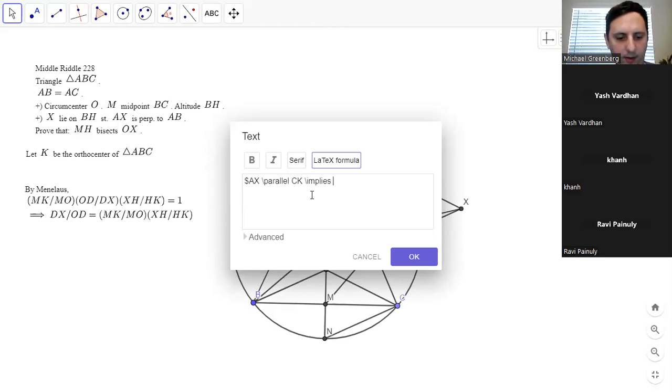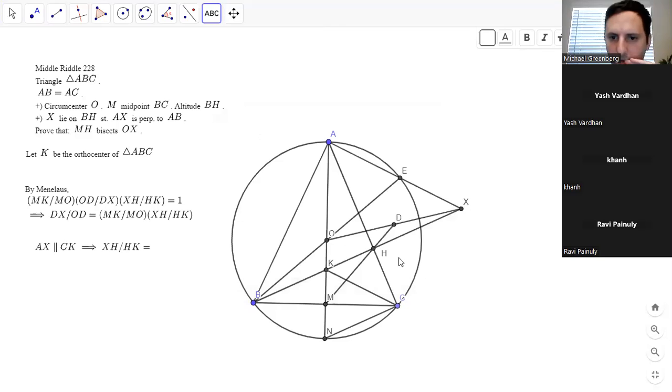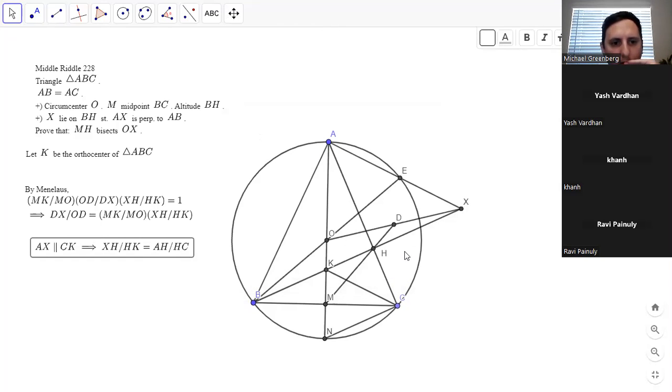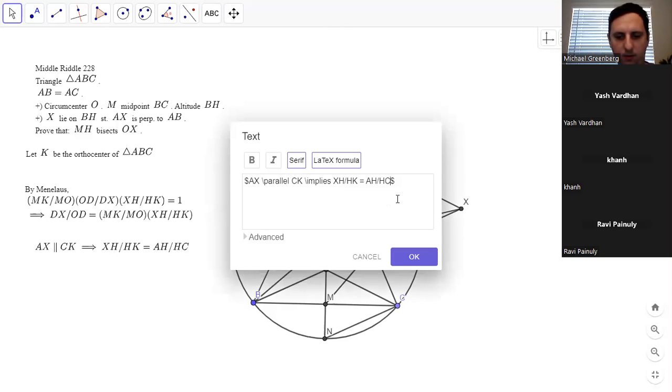And that means that XH over HK is equal to AH over HC, which is equal to AK over KN, since BH is parallel to CN.